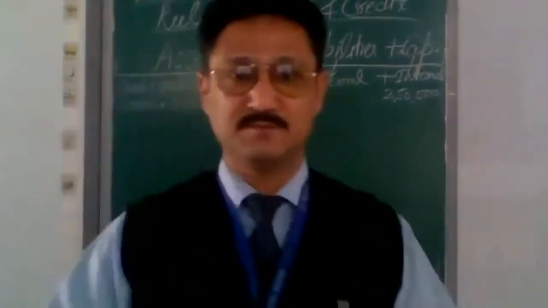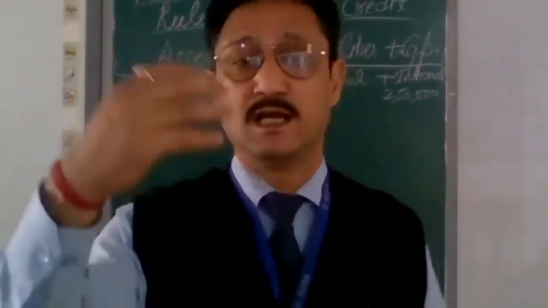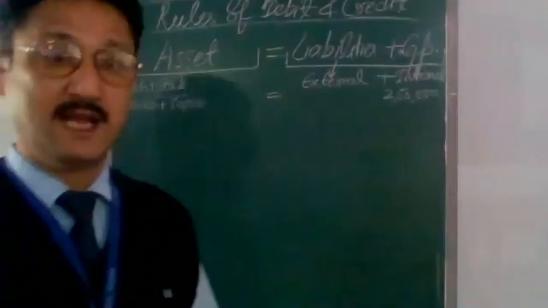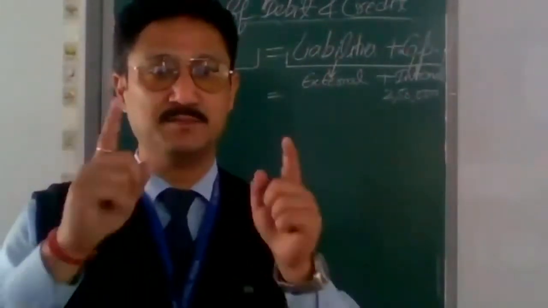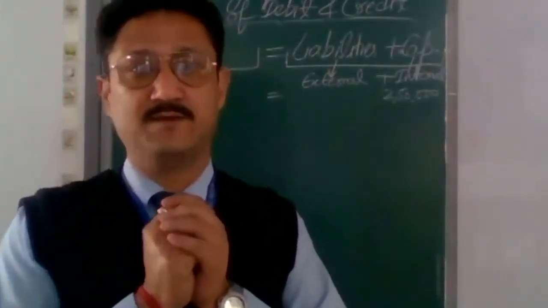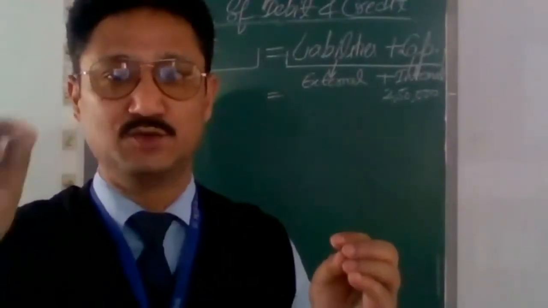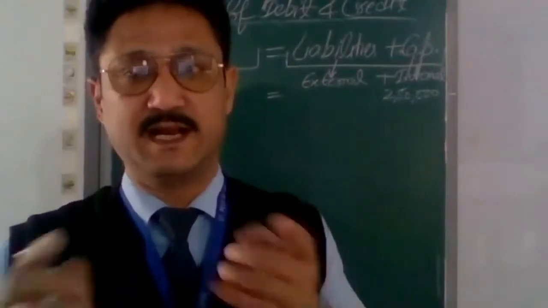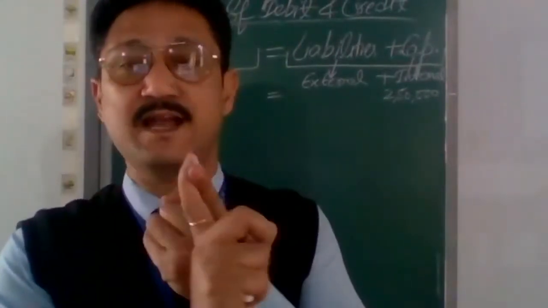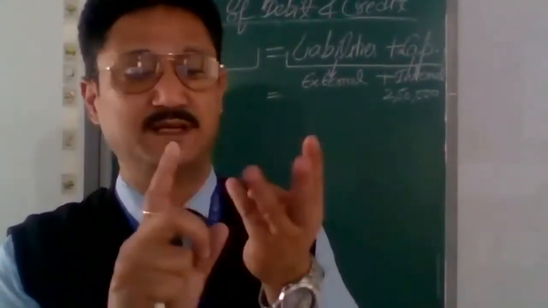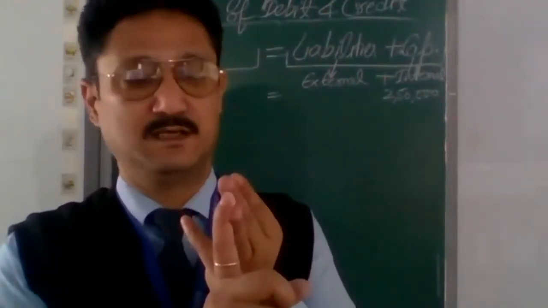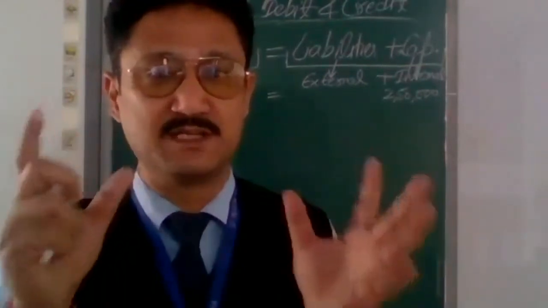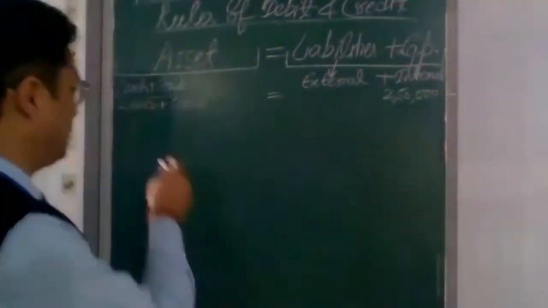Now, I will give you some general transactions which can be used to solve the question. Any sort of income received, I will give you the explanation also. You can note down: any sort of income received. Income received can be rent received, commission received, interest received, dividend received, any income received.